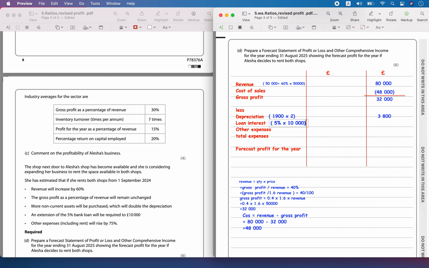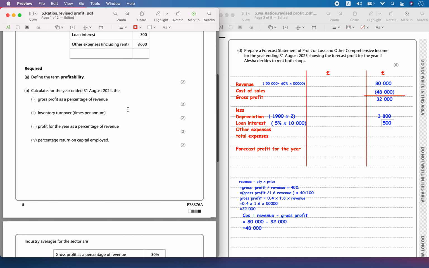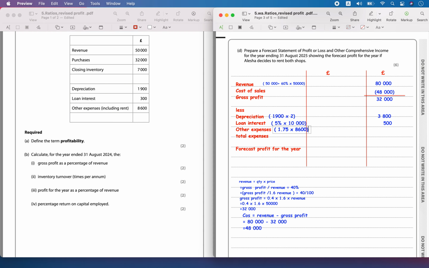So that is equal to 500. So the loan interest is going to become 500. Then other expenses including the rent is going to increase by 75%. So 1.75 times 8,600, we can write here, 15,050.